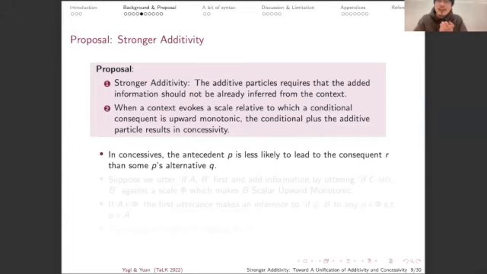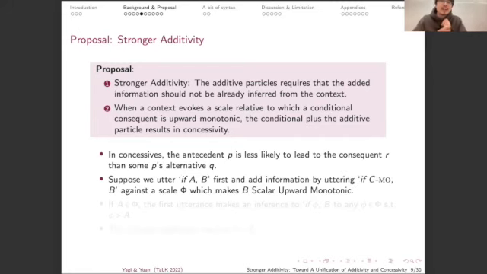So in concessives, as we saw, the antecedent P is less likely to lead to the consequent R than some alternative Q. So we are saying that, in the conditional, if P, R, P is less likely to lead to R than some alternative Q. And then suppose we utter if A, B first, and add information by uttering if C, plus additive, more B, against a scale phi, which makes the consequent B scalar upward monotonic.